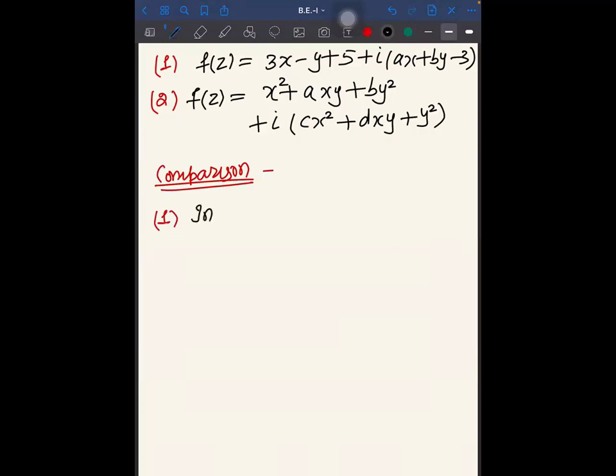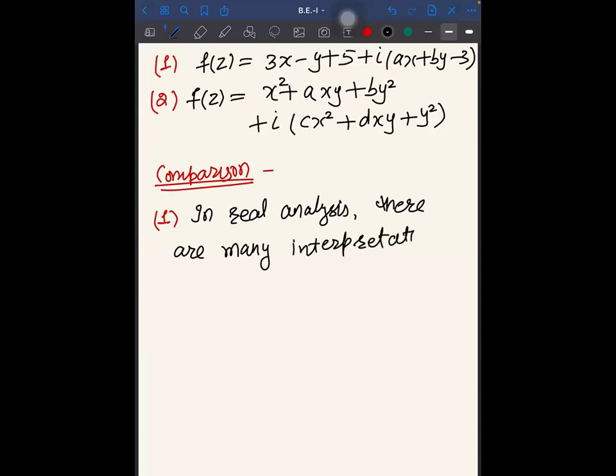In real analysis, there are many interpretations of f dash x, such as slope. होता है ना slope? Yes, sir.